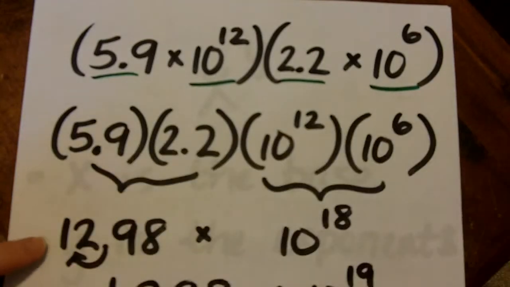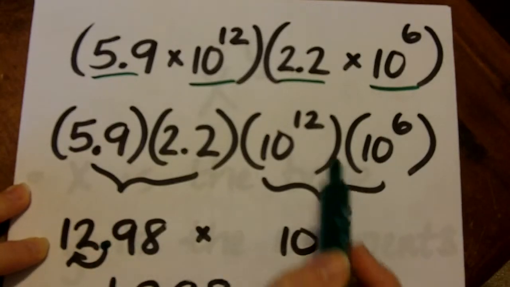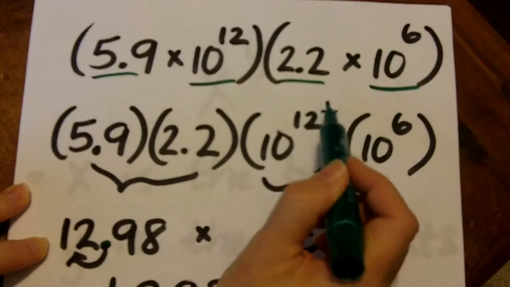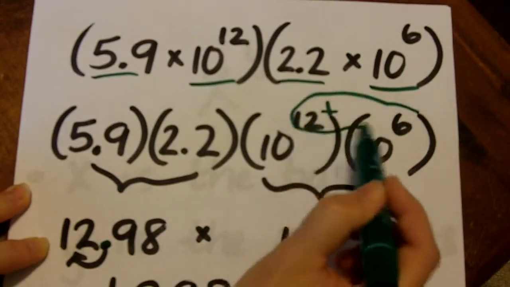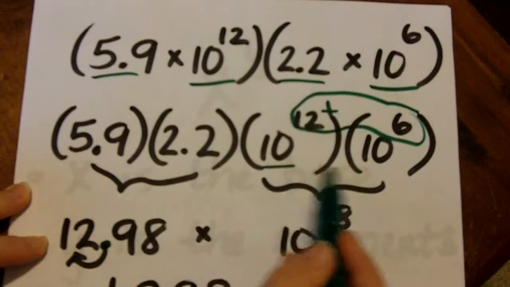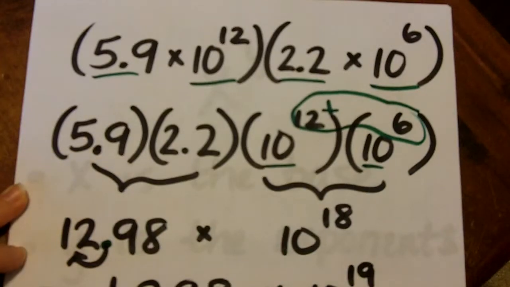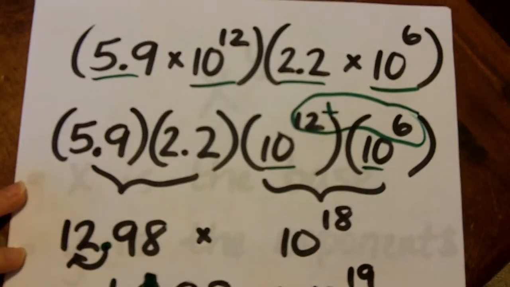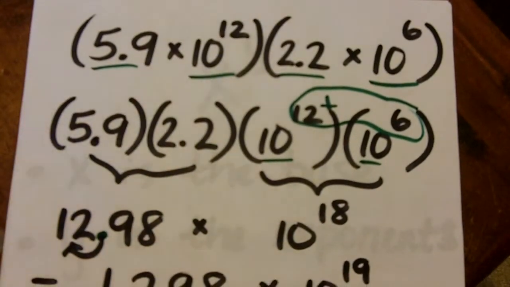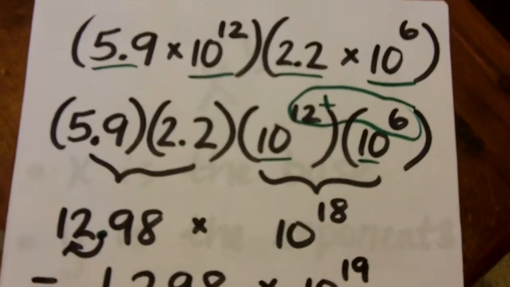When you do that, you end up with 12.98 times 10 to the 18th, because you simply add these exponents together when they have the same base. Okay, but of course, as we learned in our last lesson, this is not proper scientific notation form.